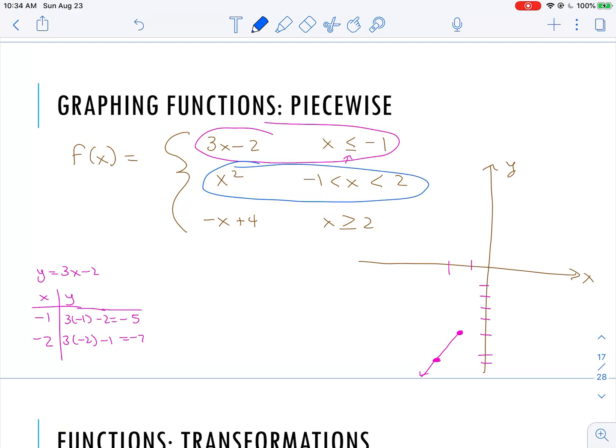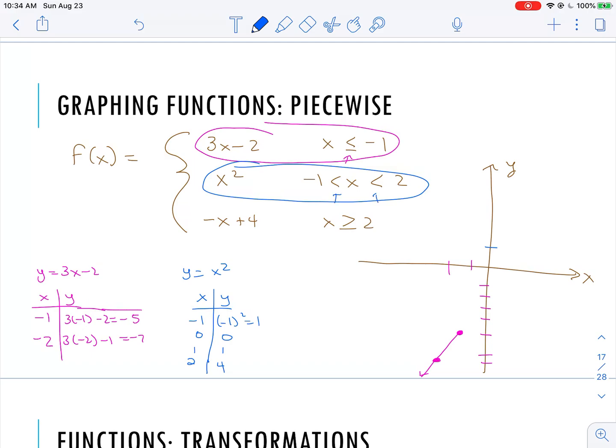And now I'm going to do the same thing for the next 2 pieces of the graph. So if I have x squared, again, I can just make a table of values. And notice this time, I know that it's going to be a parabola, and my values are between -1 and 2. So I'm just going to do -1, 0, 1, and 2. So I get a good grasp of what the parabola would look like there. So if I plug in -1, -1 squared is 1, 0 squared is 0, 1 squared is 1, 2 squared is 4.